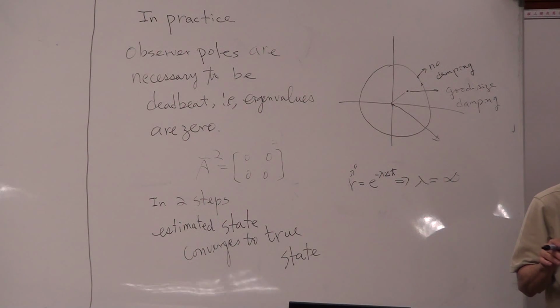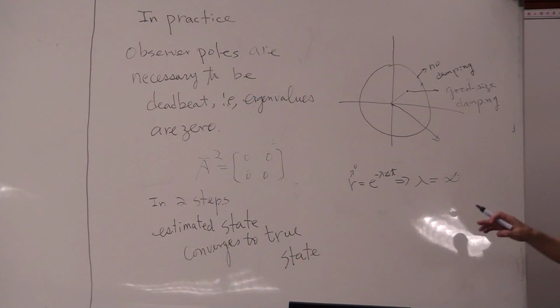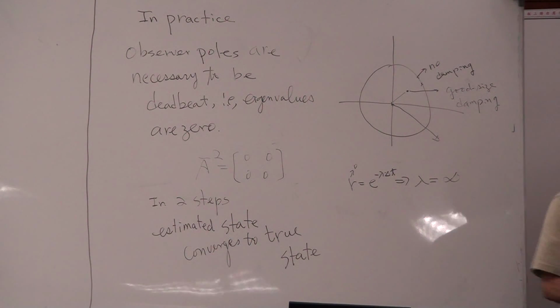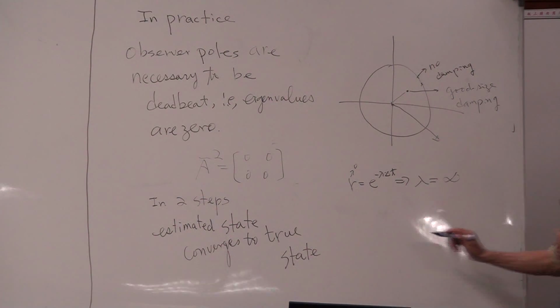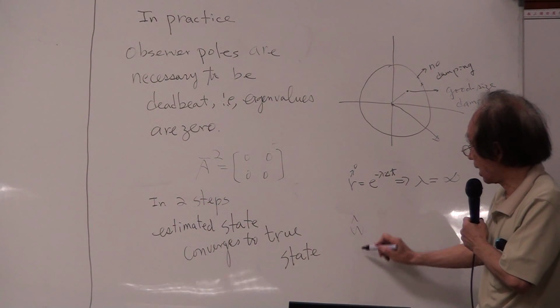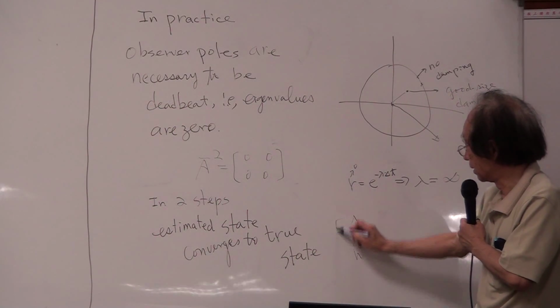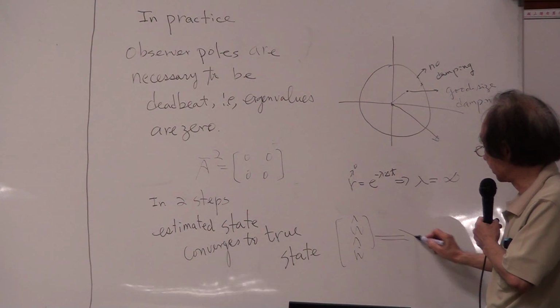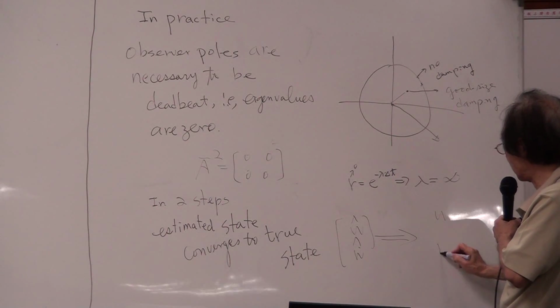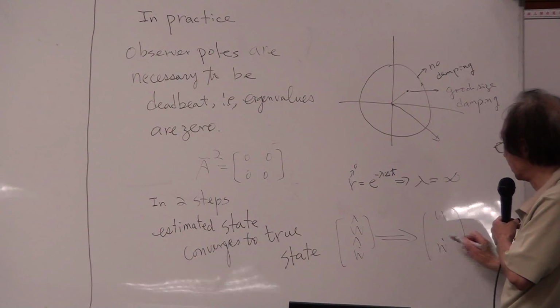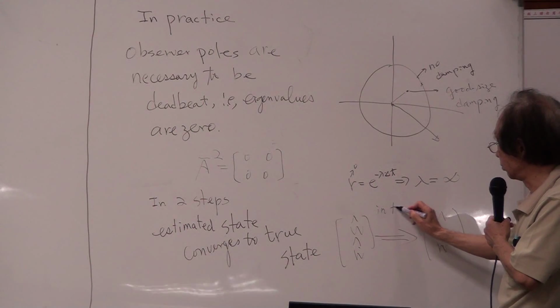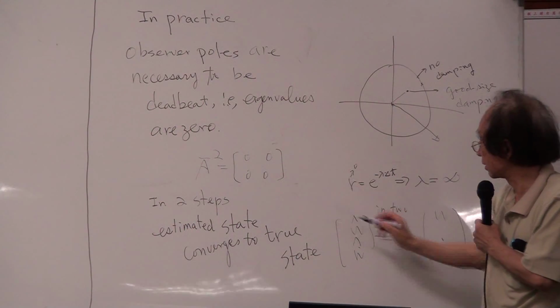Understand? So if we can have that, this is the extreme case. If we can have that, that means W hat and W dot hat will become the true W and W dot in 2 steps for this case.